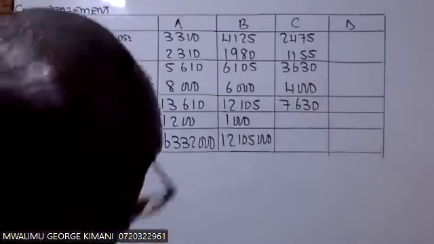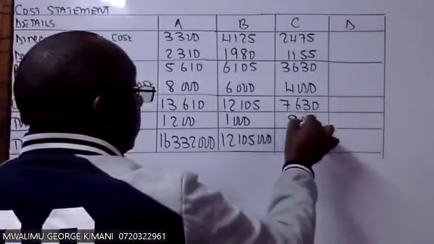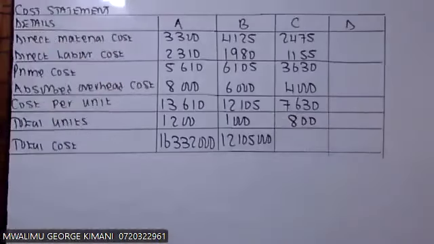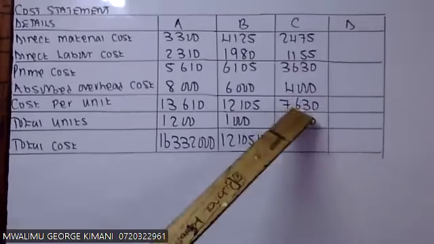And the number of units are 800. This one times this.